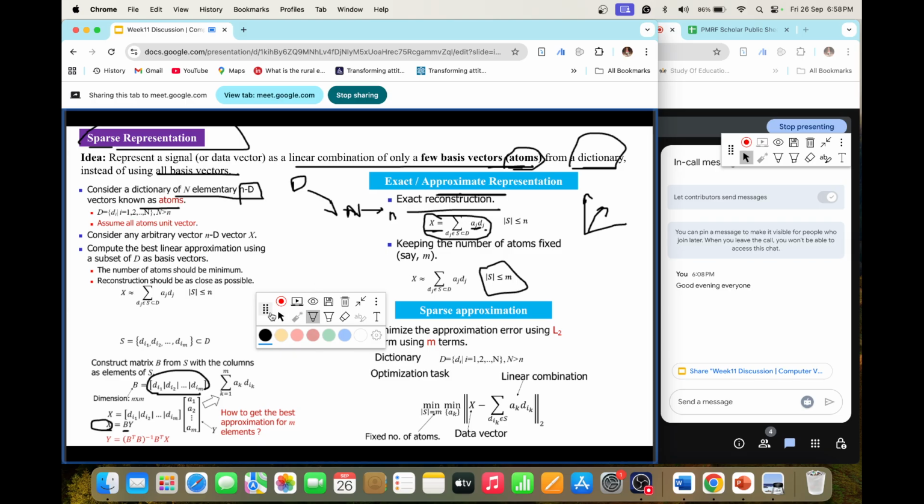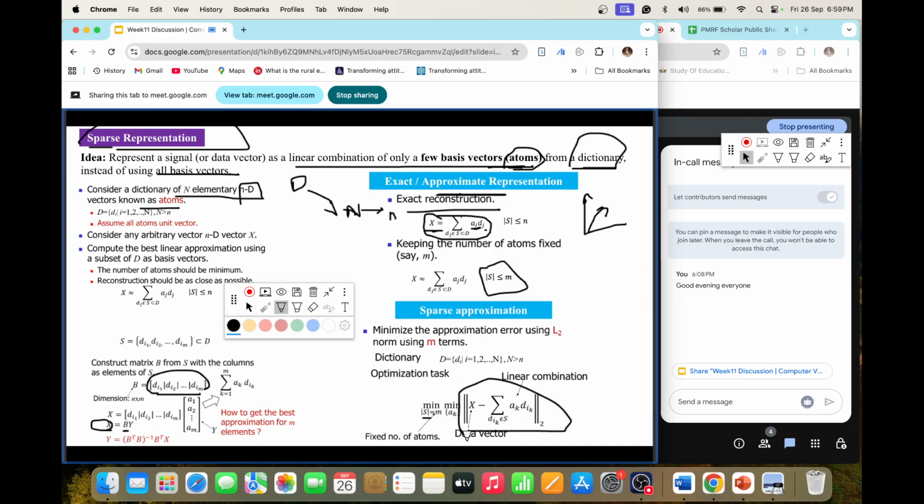That is sparse approximation. In sparse approximation, you have to choose a number of atoms or vectors such that this, which is also known as the residue, is small. Residue means this is your actual data vector, and this is your approximation, where dik is your direction and ak is the vector you are representing, that is ak into dik.